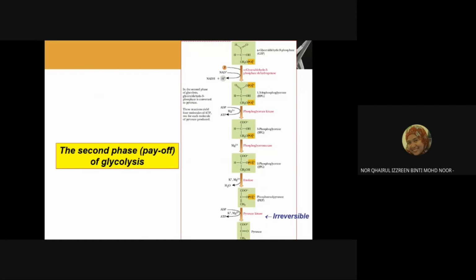Overall, this is the second phase of glycolysis, which we call the payoff, where we produce 4 ATP and pay back the use of 2 ATP at the earlier stage.